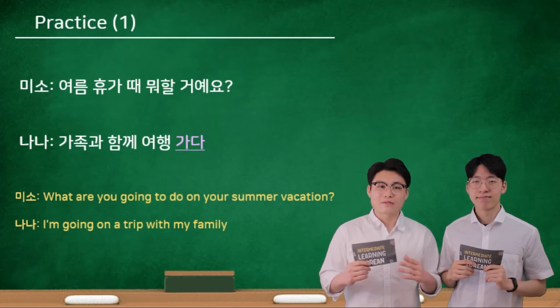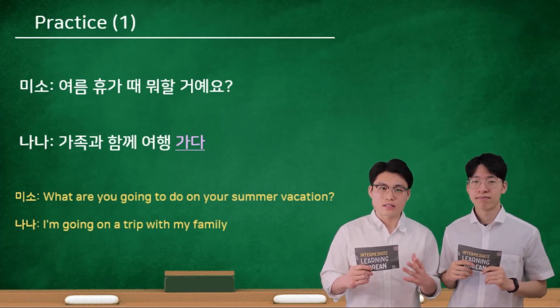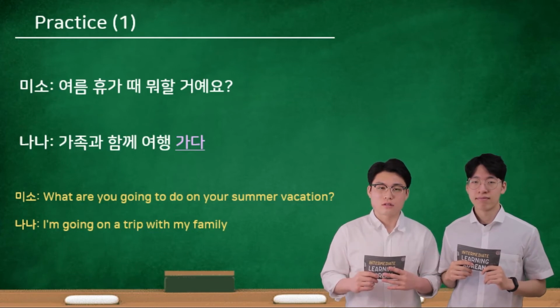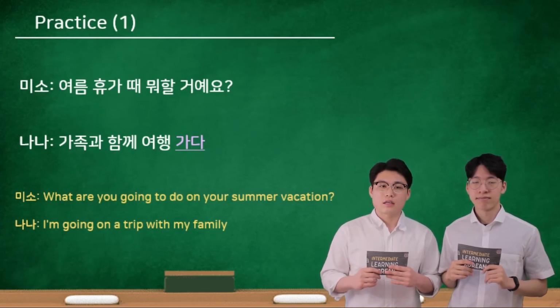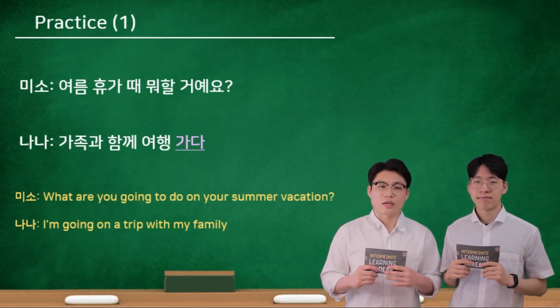Okay. Then from now on, let's review by looking at example sentences through dialogue. 미소 says, 여름 휴가 때 뭐 할 거예요? Nana answers, 가족과 함께 여행 갈 거예요. Okay, one more time.